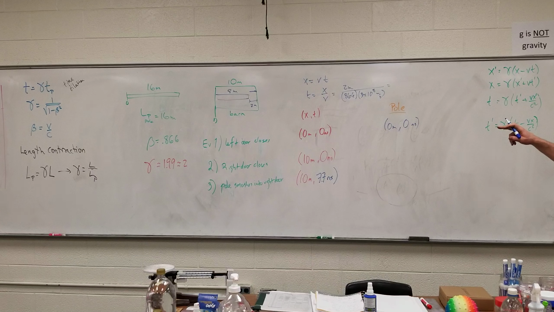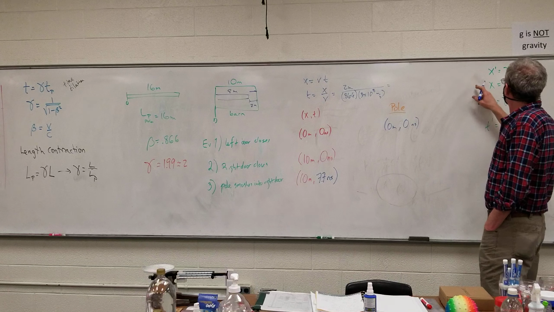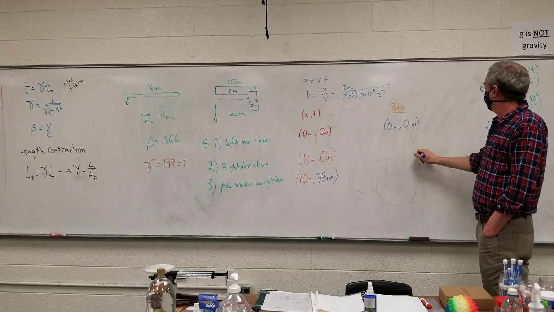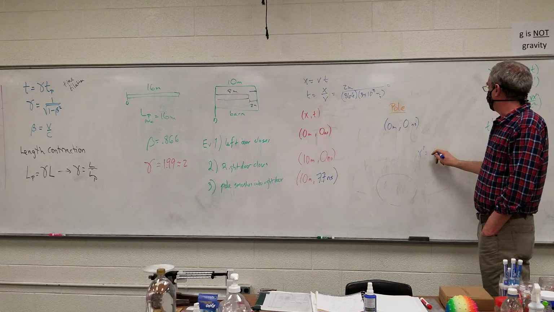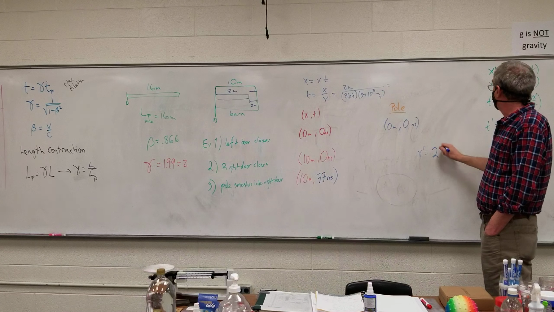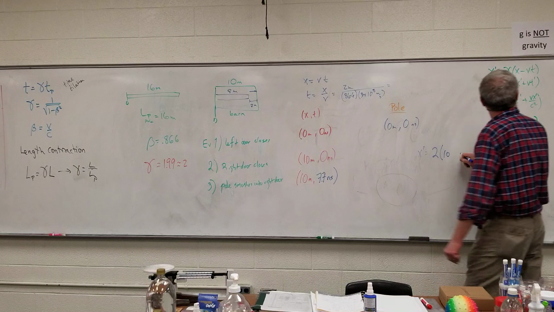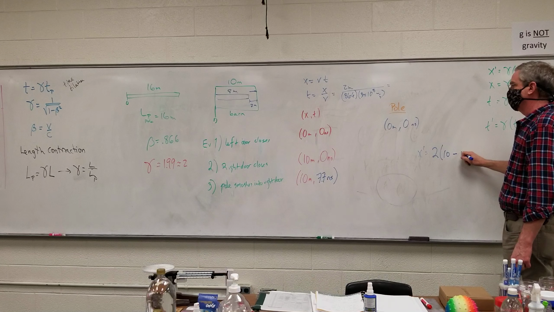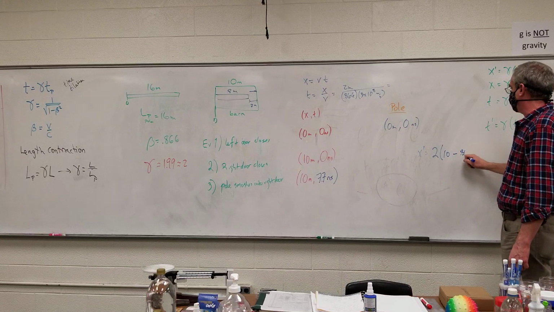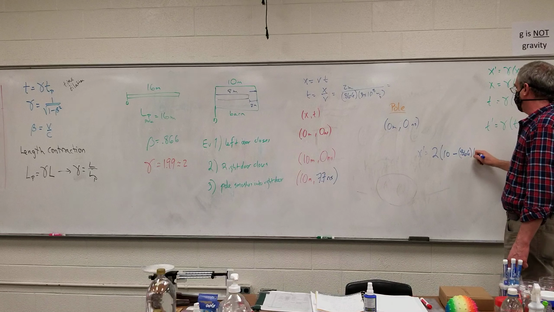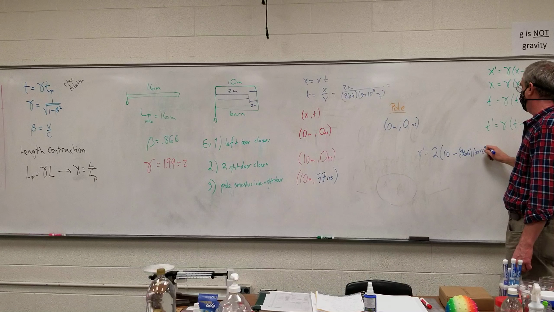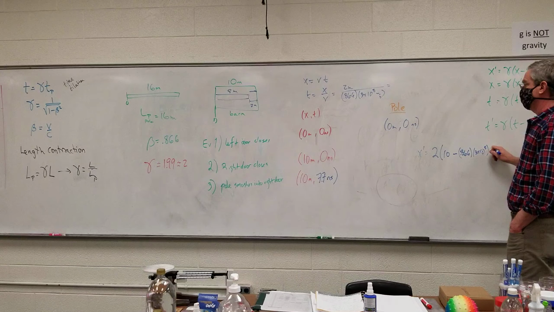So the right door is closing, that is the barn, so x prime is equal to gamma, which is 2, times x, which is 10, minus our speed of 0.866 times 3 times 10 to the 8th, times time of 0.